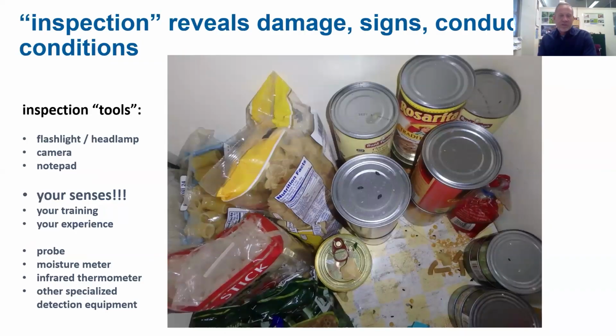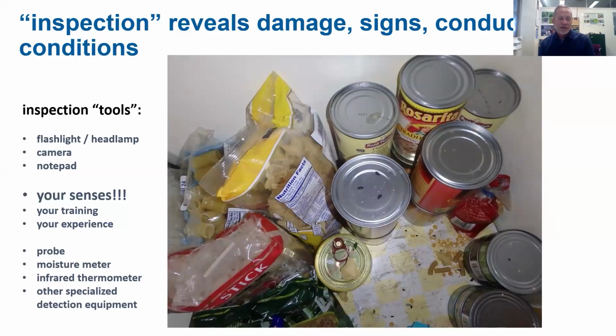So again, inspection, I think, is very familiar to you guys. You're looking for damage, you're looking for signs of the pest, you're looking for these conducive conditions, and you're using all of the tools, the physical tools as well as some experiential tools that you have gained.